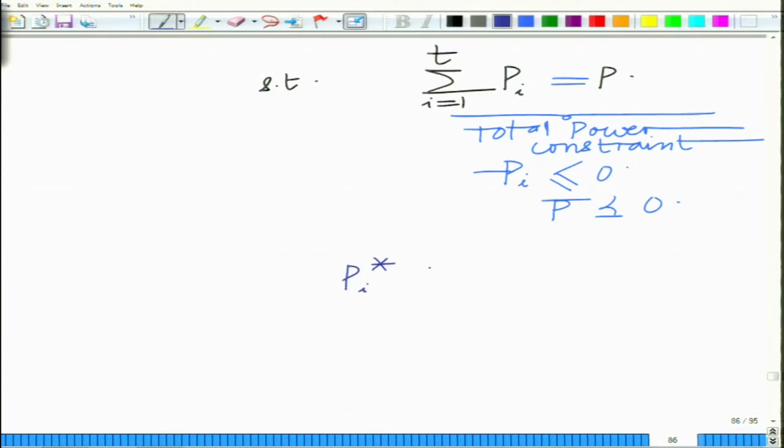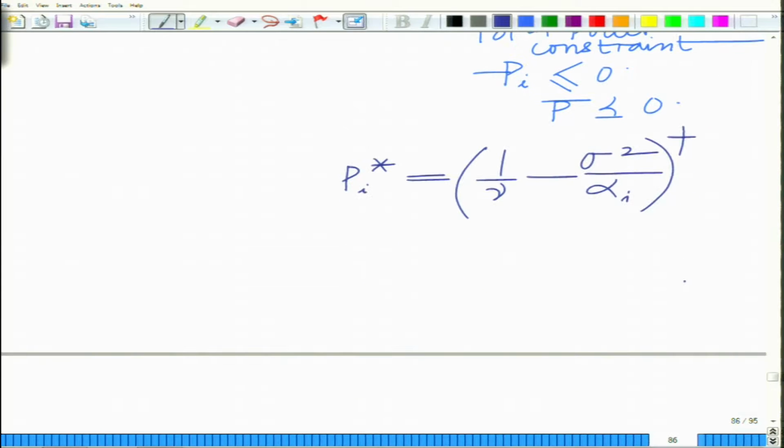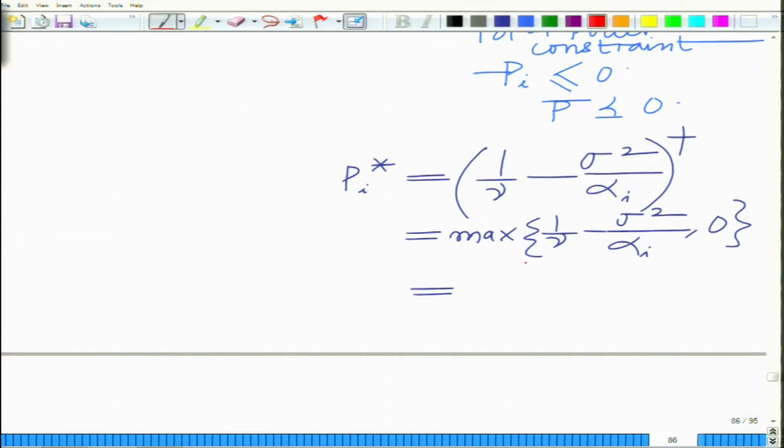Pi star is given by the water filling power allocation, that is 1 over nu minus sigma square by alpha i, plus, where plus indicates that it is the same quantity if it is greater than or equal to 0. This is equal to the maximum of 1 over nu minus sigma square by alpha i, comma 0. If you substitute alpha i as sigma i square, where sigma i is the ith singular value, this is 1 by nu minus sigma square divided by sigma i square, plus.